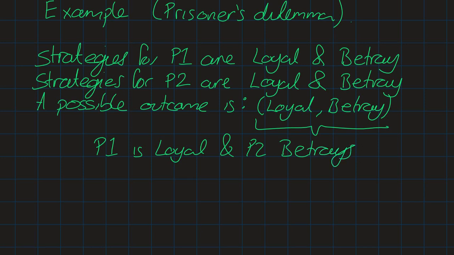That's what this means. Okay, so the first thing refers to player 1 and the second thing refers to player 2. So this is an outcome. This is one possibility for what could happen.